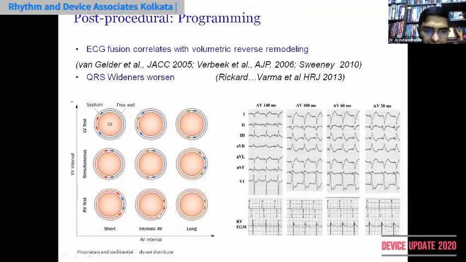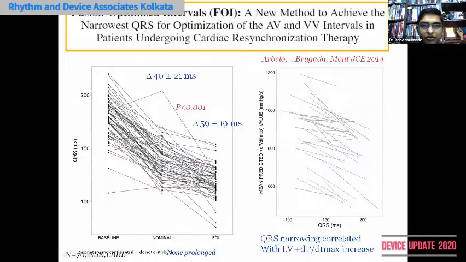Now, as I already mentioned, it is the AV interval which is the most important parameter to be programmed properly for an optimal response. There can be short or long intrinsic AV conduction, and depending upon that, the waveform will differ, and the QRS duration of the patient will also differ.